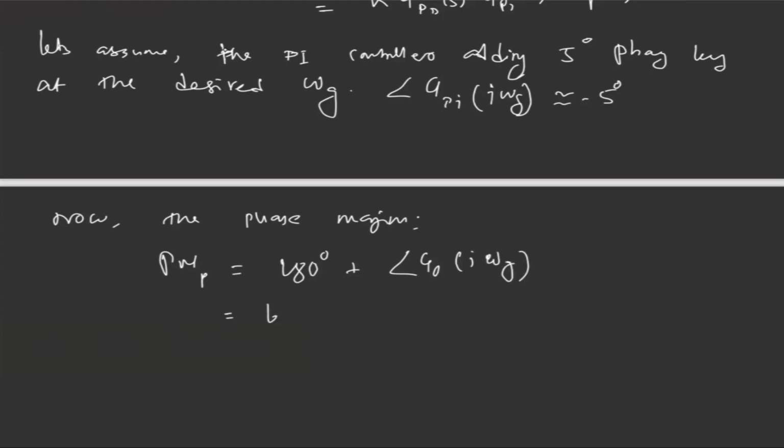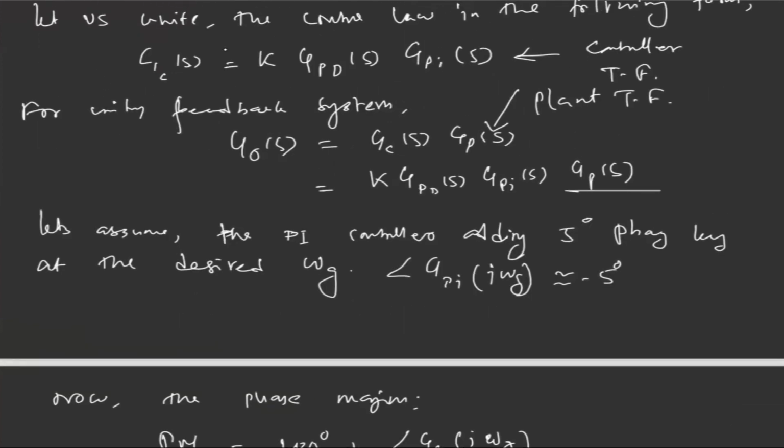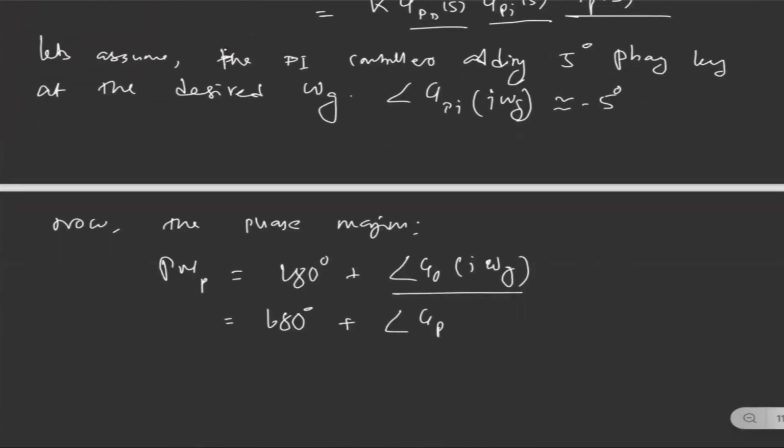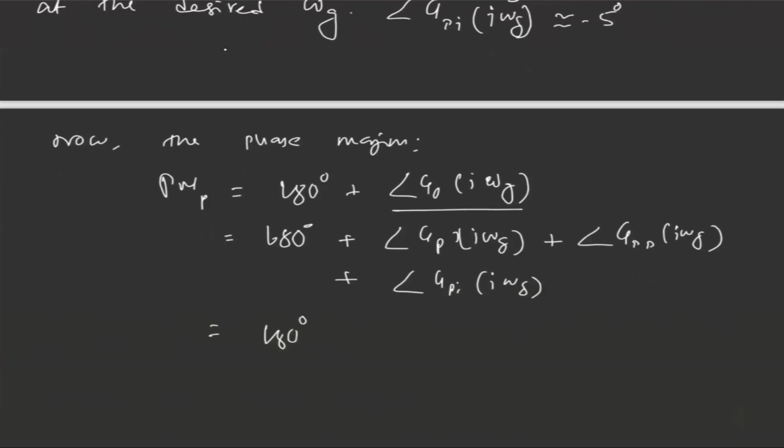So we can write 180 degrees plus the phase of G_P, the plant, plus the phase of G_PD(j omega g) plus the phase of G_PI(j omega g), because we have the PI controller and PD controller, and gain does not affect the phase here. So we can write this expression.